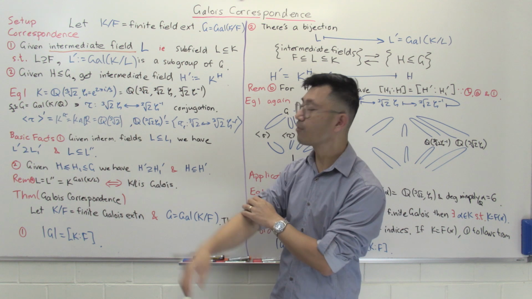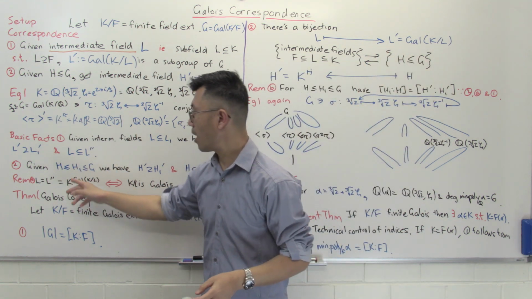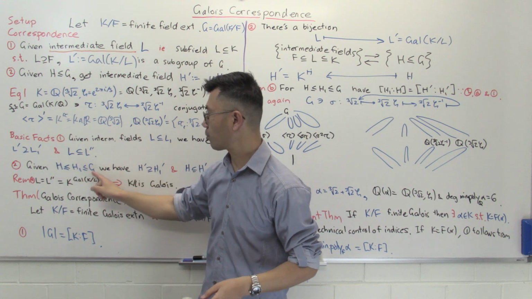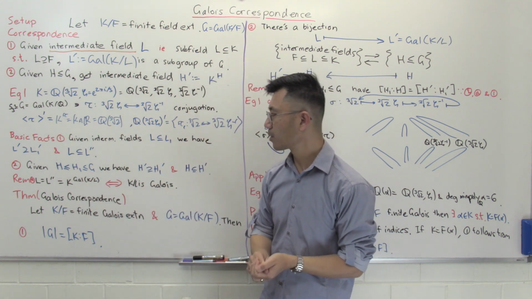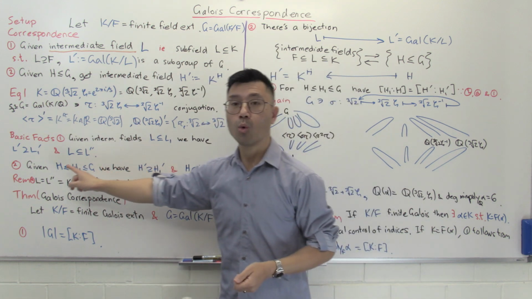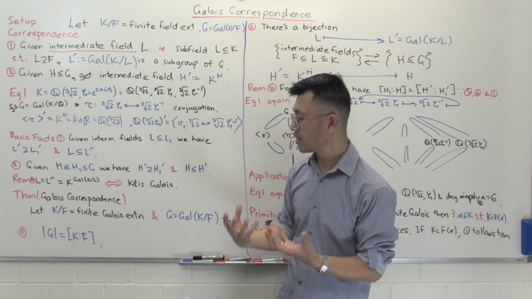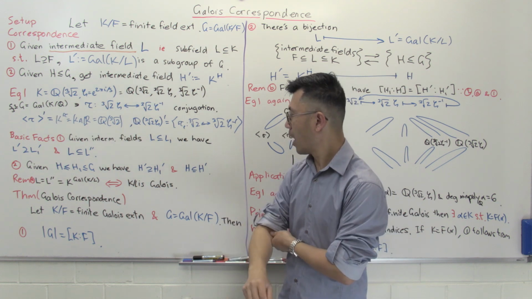Okay, so that's starting from the side of the intermediate field. So let's start from the side of the subgroups. Suppose you have H is a subgroup of H1, which is a subgroup of G. Then you can look at the primes of this, H prime and H1 prime, and again you'll see that there's a reversal of that inclusion, but you still at least have a relationship.